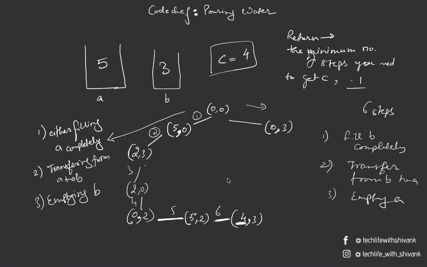So this is because you can consider this problem in the form of a linear equation as follows. This can be formulated as P times A plus Q times B should be equal to C, where P and Q are coefficients.